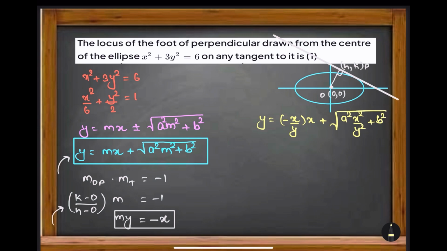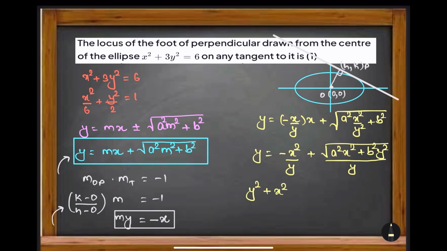Comfortable? Now can I write y equals minus x square by y plus root over a square x square plus b square y square, and y will come outside? Correct? Now can I multiply both sides by y? So we will have y square on the left-hand side, and can I ask x square to come this side? So x square will come this side, and we will have root over a square x square plus b square y square.